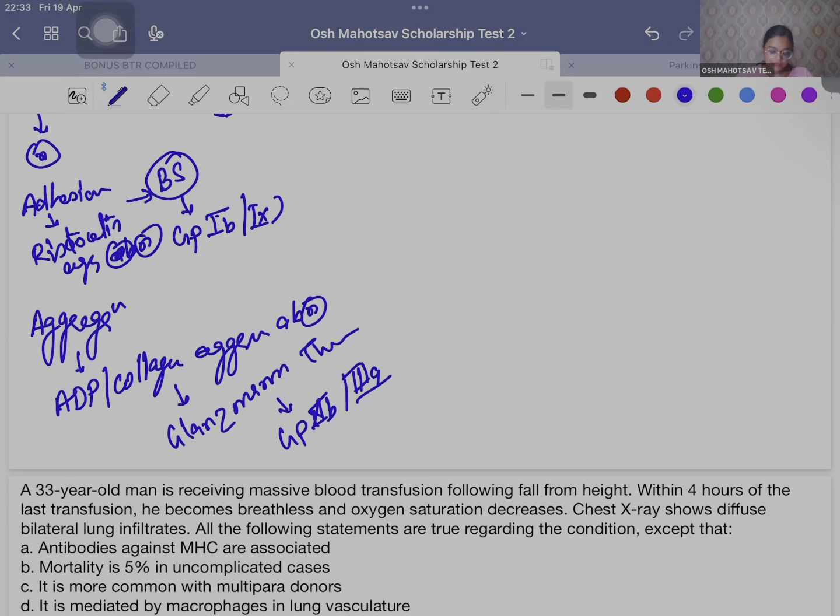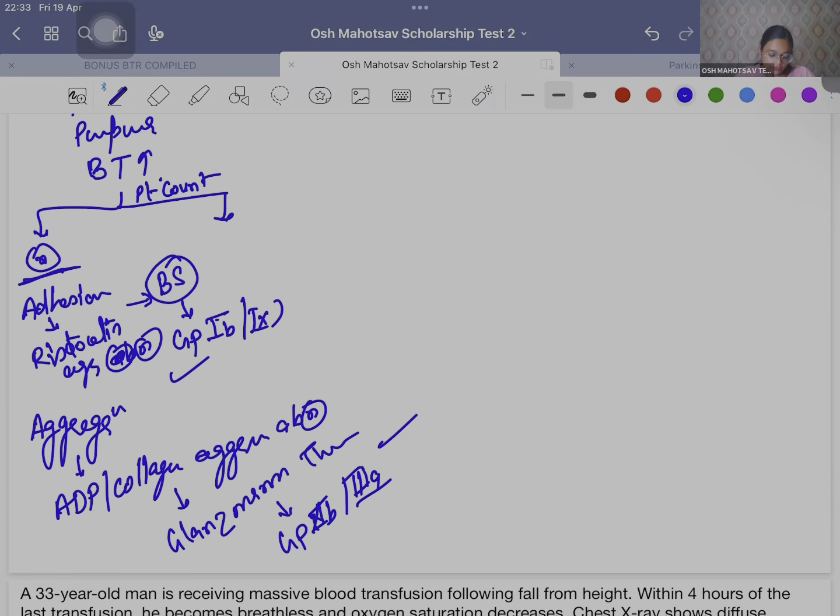Here platelets are not getting aggregated, whereas in the earlier case platelets are not getting adhered. So if platelet count is normal, we can have only two defects, either adhesion or aggregation. If platelet count is low, we can have aplastic anemia or other diseases like ITP. In ITP, there is antibody against GP2b and 3a.